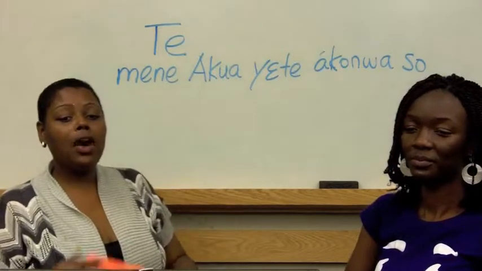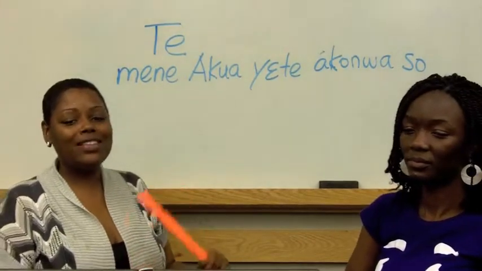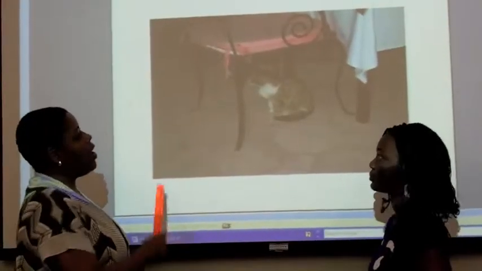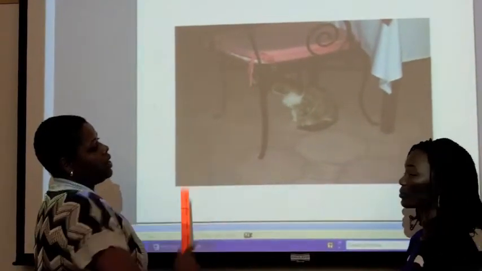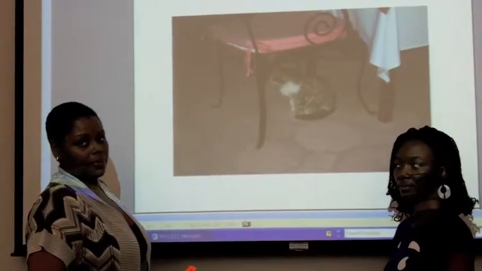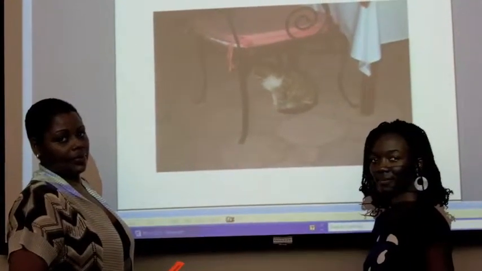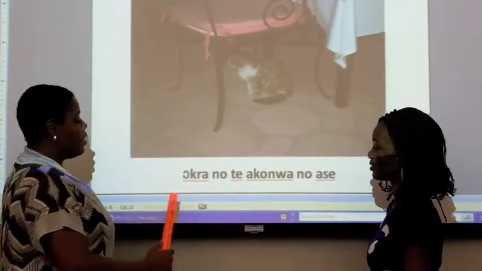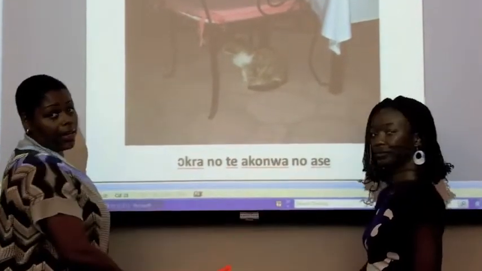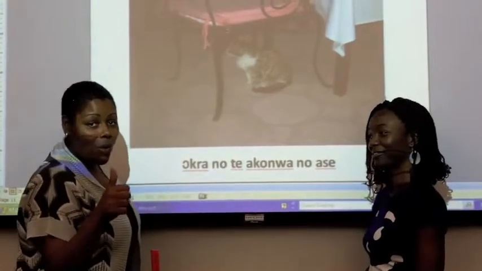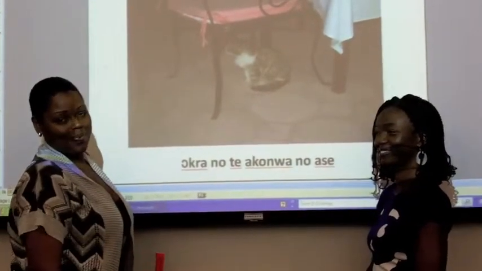Now back to our feline friend from the pictures. Now, how would you describe the position of this cat and where it's located? Did you say okra no te akonya no ase? If you did, mo. Great job.